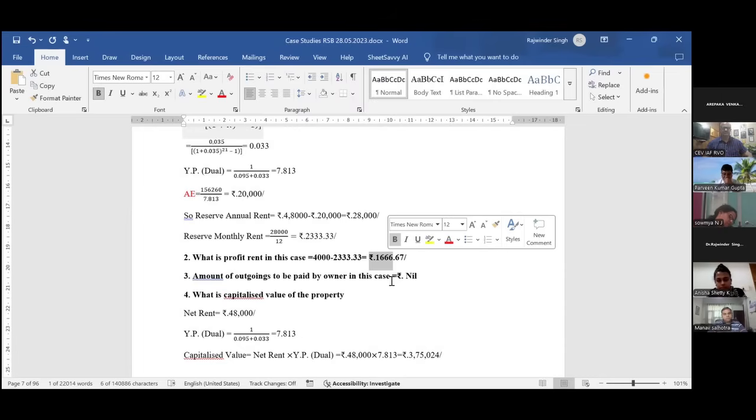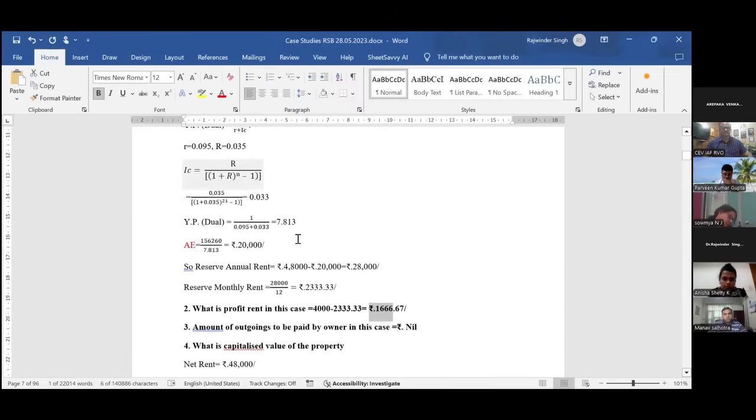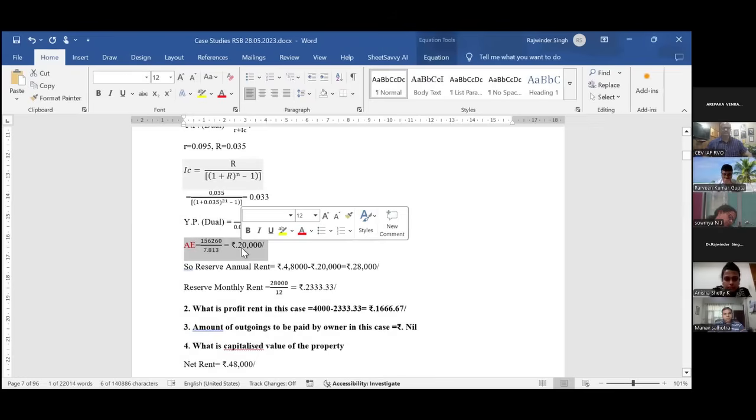The owner will get some amount in the form of annual equivalent, so that the actual income he is receiving will remain at least the same, if not more. It should remain 48,000, if not more than that. That is the purpose of premium. Is it clear? Any doubt?